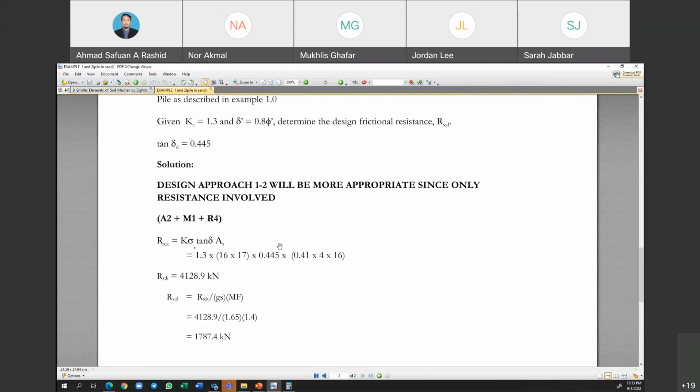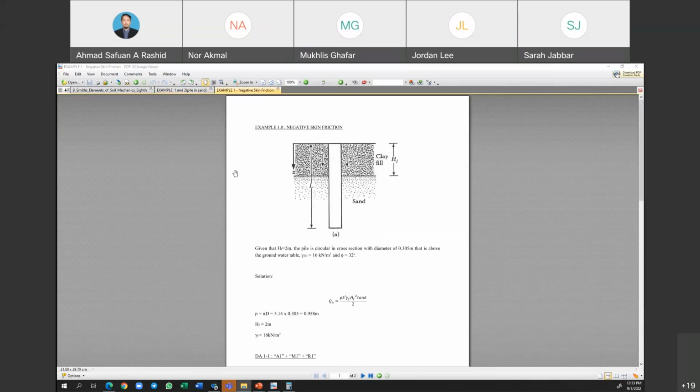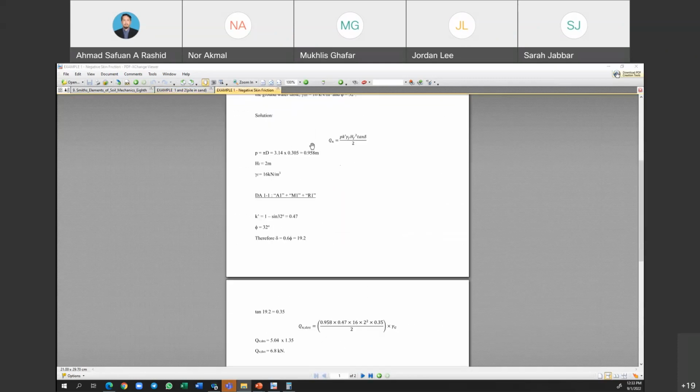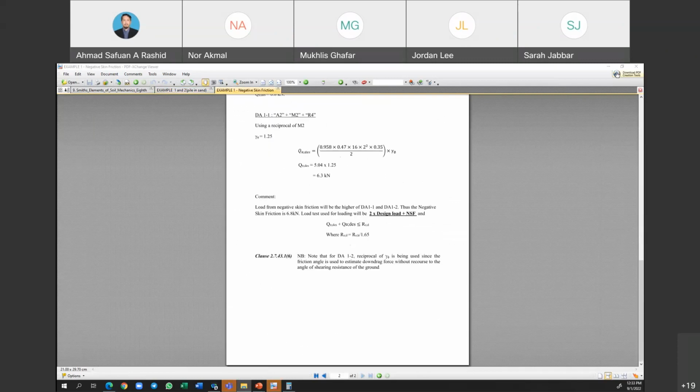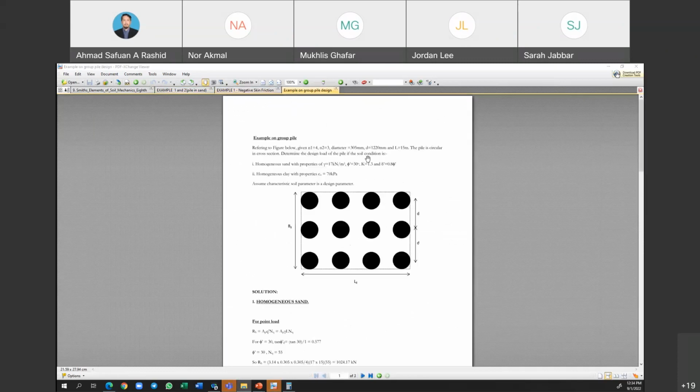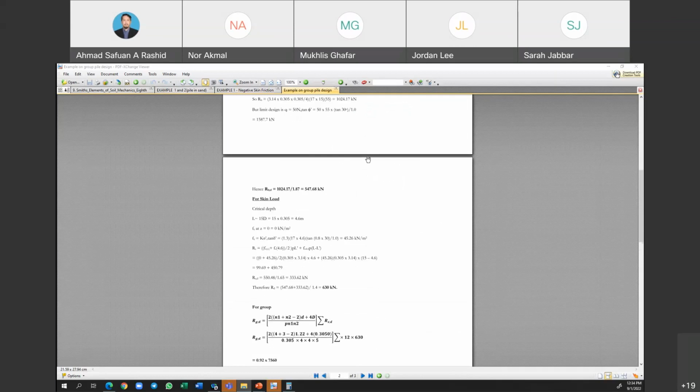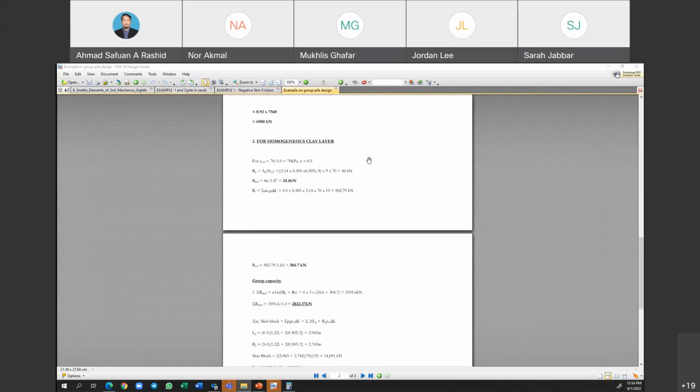Okay. So I will share this example in the e-learning. And there will be several examples, but I will not discuss them during the class. So you can go through the examples. For example, negative skin friction, and an example on group pile design.